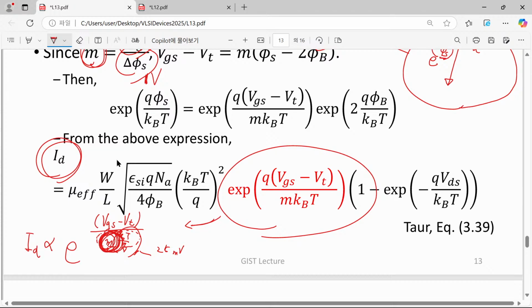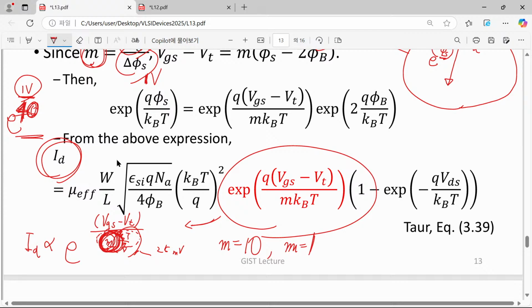Let's say that m equals 10 and m equals 1. Then what will happen? Just to make a comparison, you have applied a 1 volt difference to your gate voltage. If we have m equal to 1, then we will have a change of electron current density of about 10 to the 40.